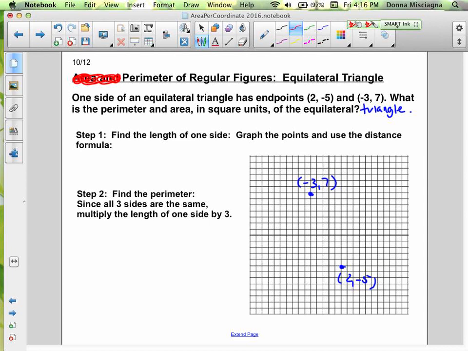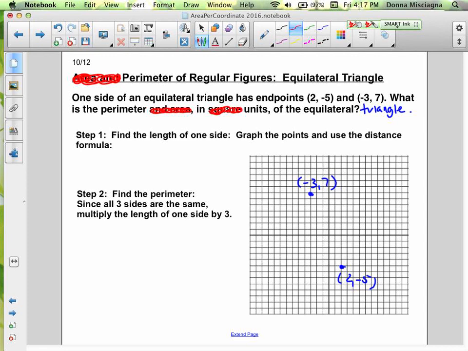We have one side of an equilateral triangle, and it has endpoints (2, -5) and (-3, 7). We're just going to find the perimeter of the equilateral triangle. Actually it will just be in units because we're not finding the area. So find the length of one side.